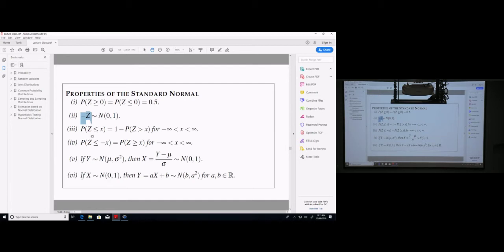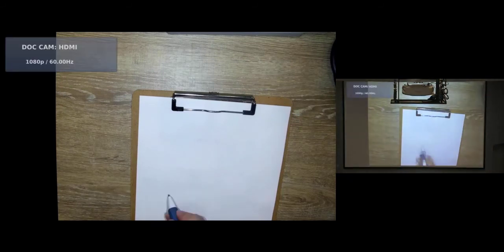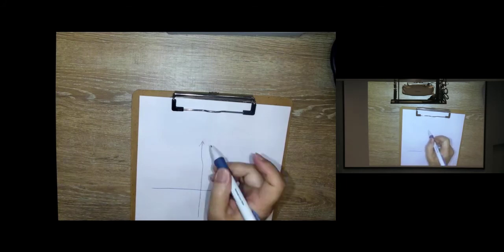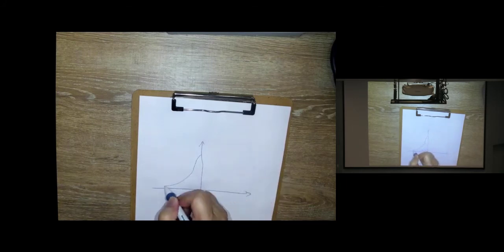Okay, what it means here, I think property 3 is easier to see in a picture than in a formula. Because we are looking at the standard normal, this is the best I can do, a sort of bell shape. So what it's saying is this is Z here, this is minus x, and this is your property 3. A mirror reflection of this number is x.